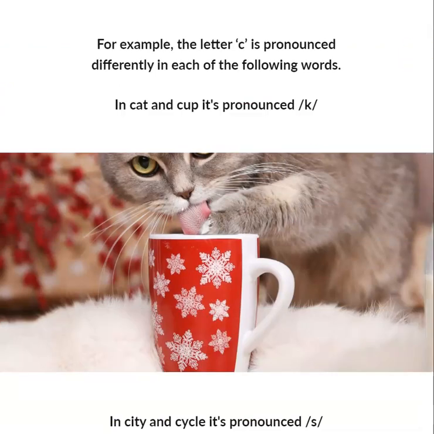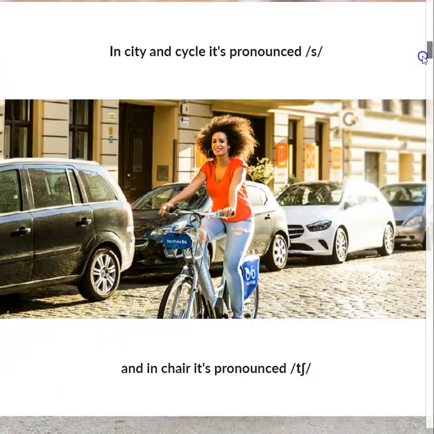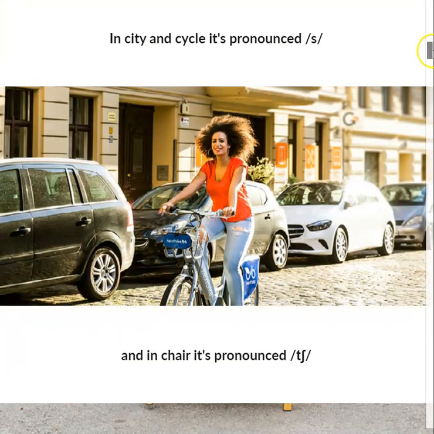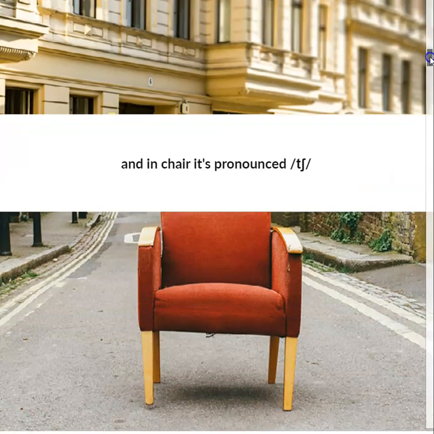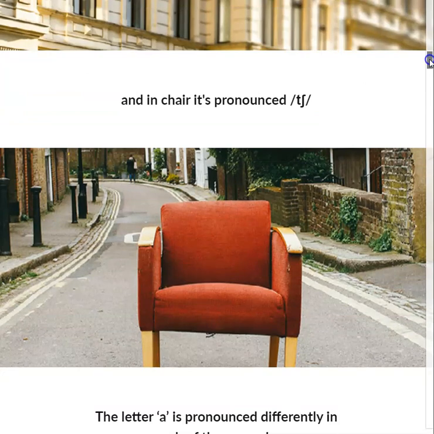So in cat and cup, the letter C is pronounced K. But in city and cycle, the letter C is pronounced S. And then in the word chair, the CH is pronounced Ch.